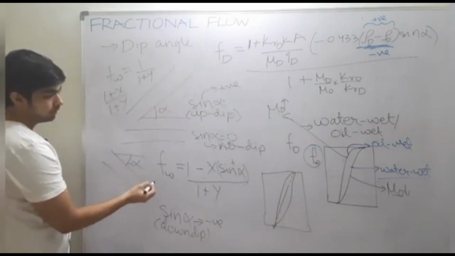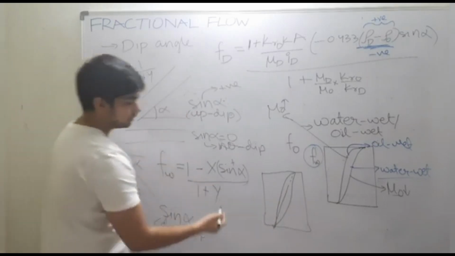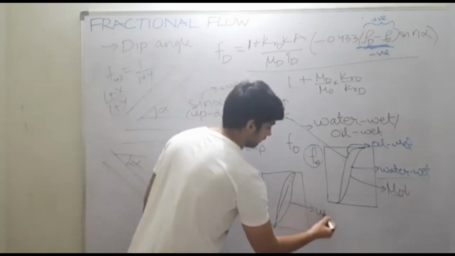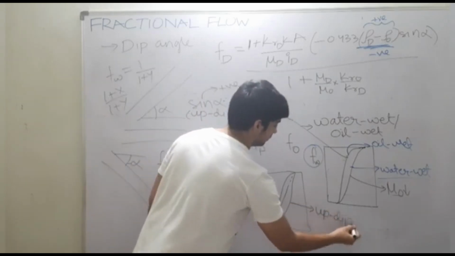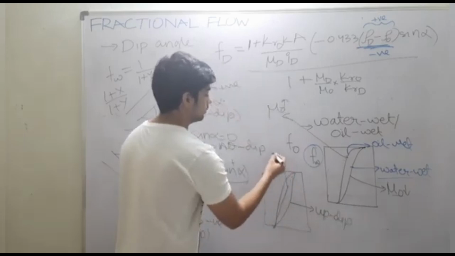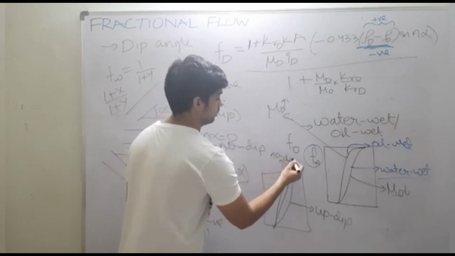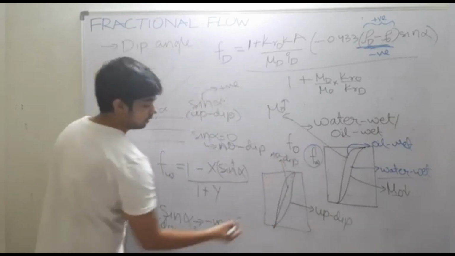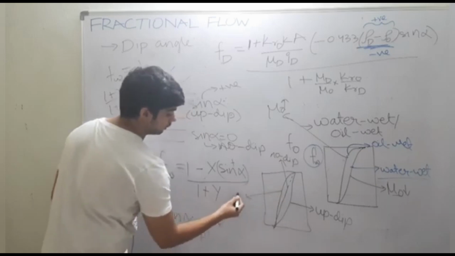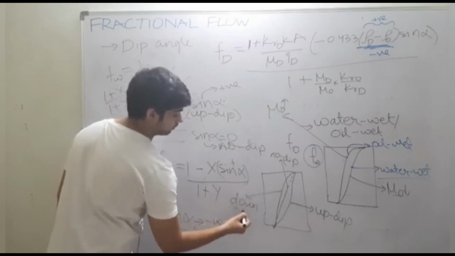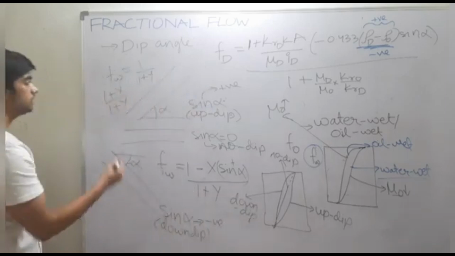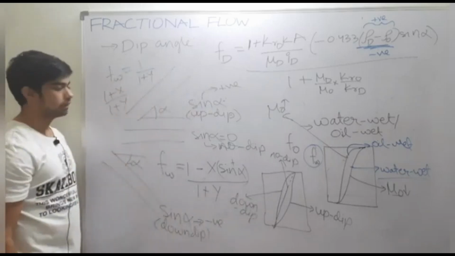Now Fw is minimum in case of up dip flow where the numerator is minimum. So this will be your up dip curve. Intermediate will obviously be no dip. And this will be your down dip, because in this case, Fw is maximum.